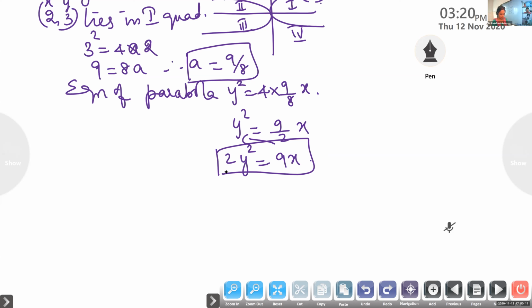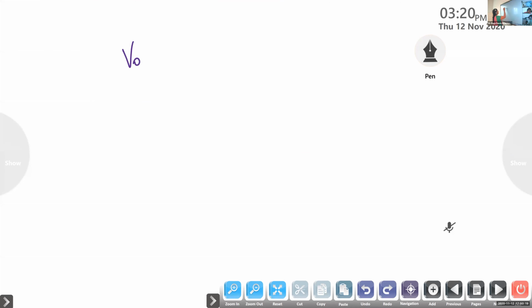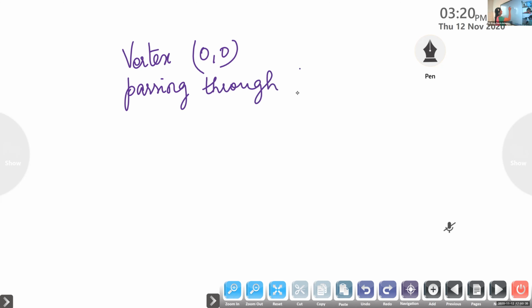Next one. Vertex is 0, 0 and it is passing through the point 5, 2, and symmetric with respect to the y-axis.